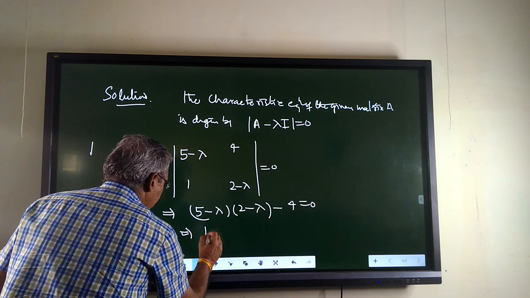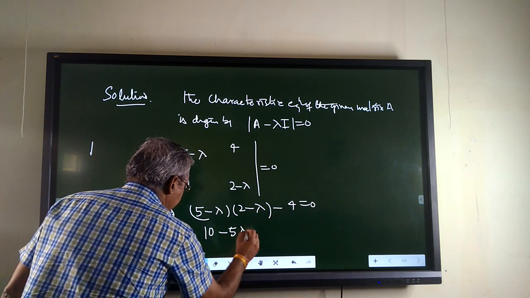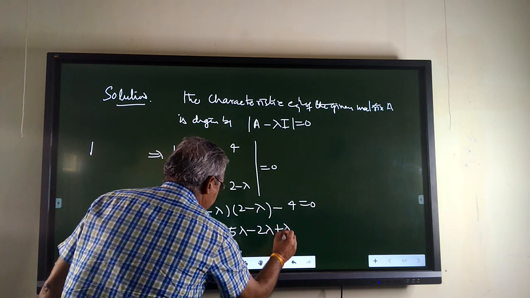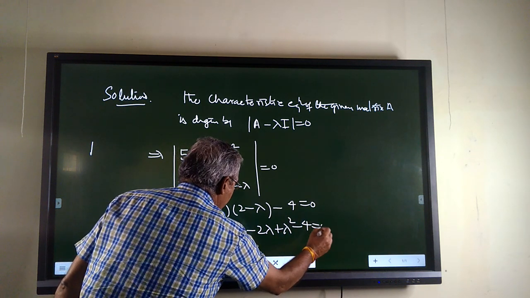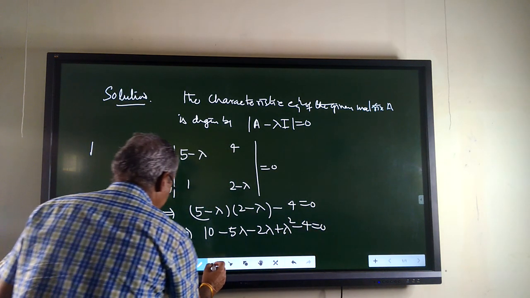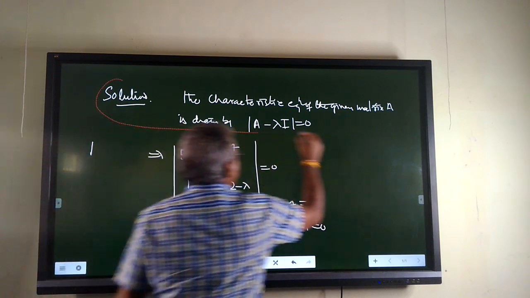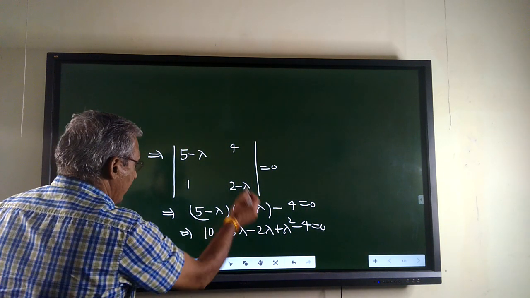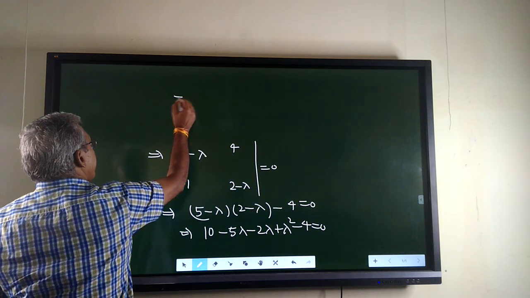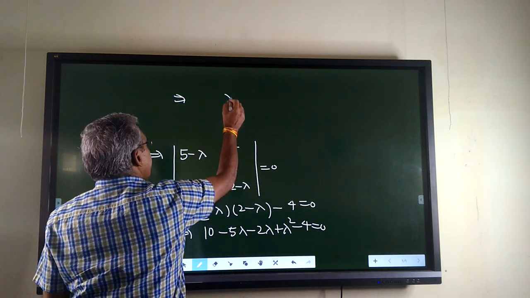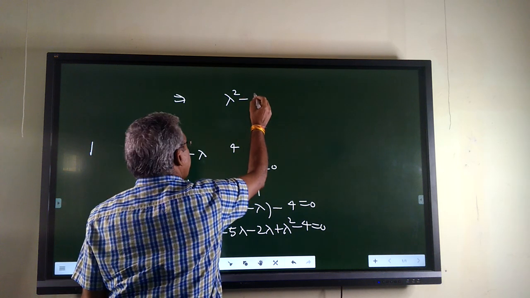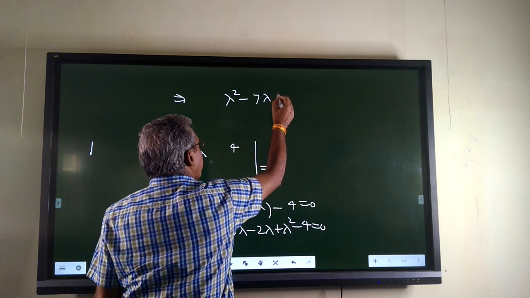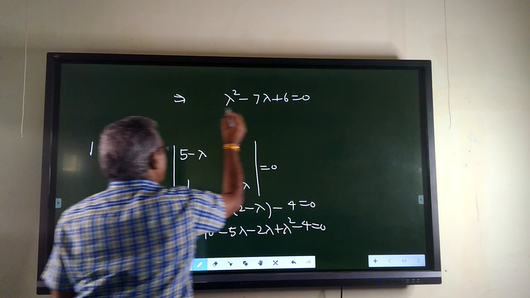This equals 10 minus 5 lambda minus 2 lambda plus lambda square minus 4 equal to 0. Solving this equation, we have lambda square minus 7 lambda plus 6 equal to 0.